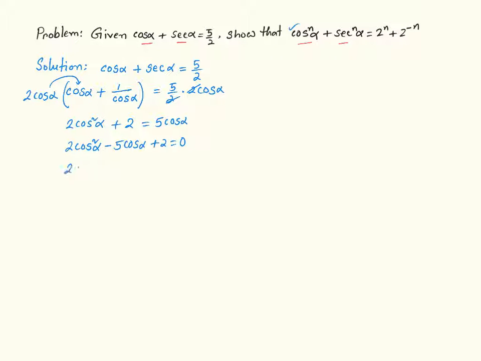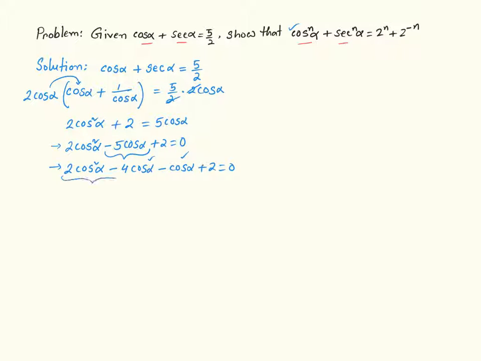So 2 cosine square of alpha minus 4 cosine alpha minus cosine alpha plus 2 is equal to 0. Look, I have taken this negative 5 cosine alpha and I have broken it down into negative 4 cosine alpha, negative cosine alpha. So in essence, I took this trinomial and converted it into a quadrinomial so that we can factor things out.